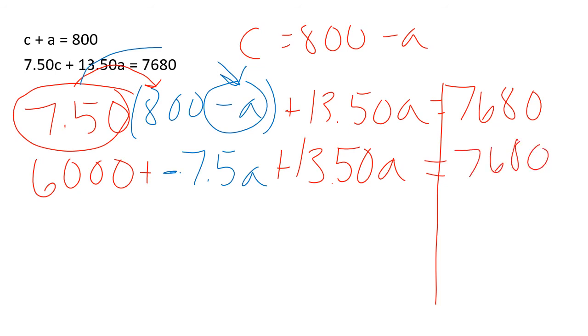All right, so now the next step in any two-step or multi-step equation is combining like terms. I have 6,000 here, plus negative 7.5A, plus 13.50A.